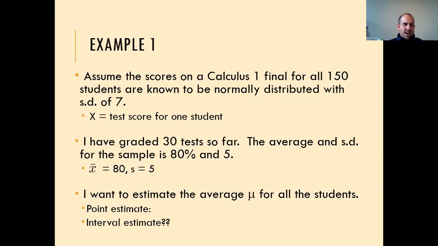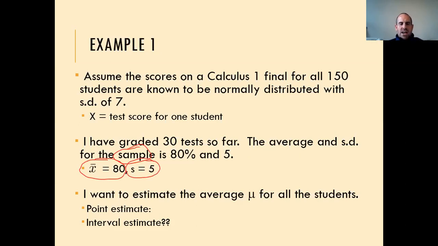Suppose I've graded 30 tests so far, and the sample mean and sample standard deviation are 80% and 5 respectively. In other words, x bar is equal to 80 and s is equal to 5.